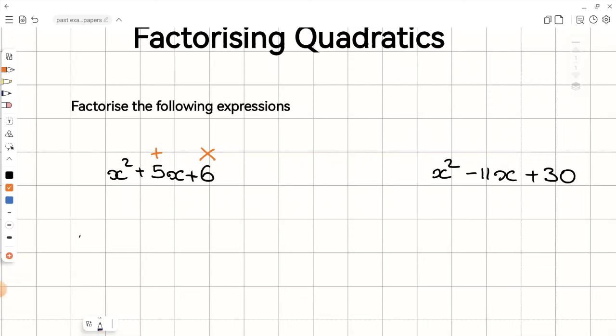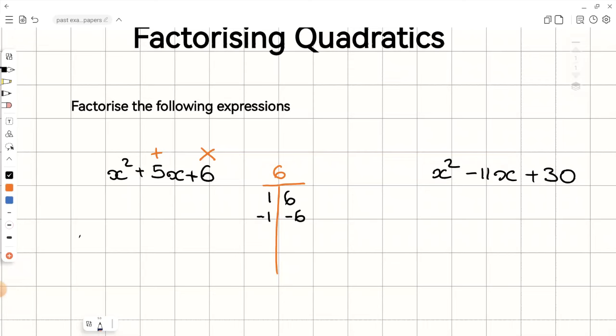So let's find the two numbers that multiply to 6 and add up to 5. So let's write up all the factors of 6. The two numbers that multiply to give me 6 are 1 and 6, or -1 and -6, because we know that when you multiply two negatives, the answer is positive.